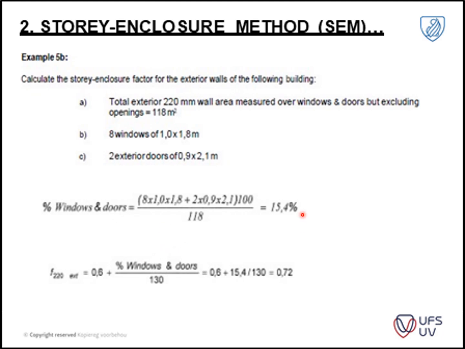And then you just add that percentage to your formula. So this is 0.6 plus the 15.5% here at the top divided by 30, which gives you a factor of 0.72. Okay.